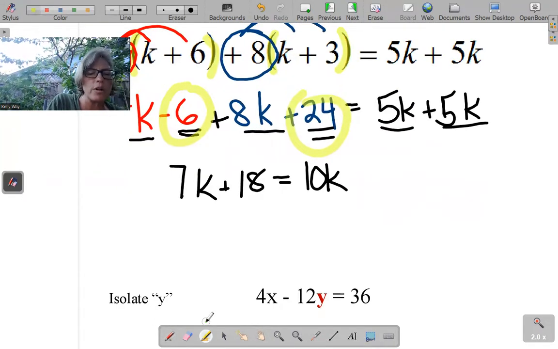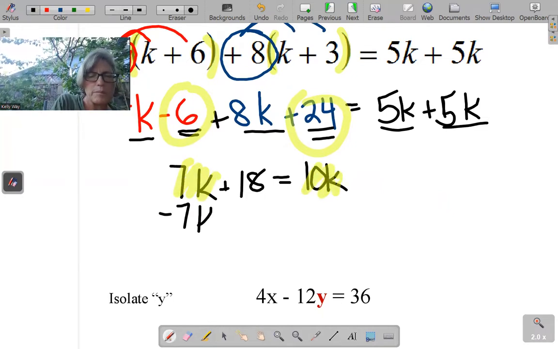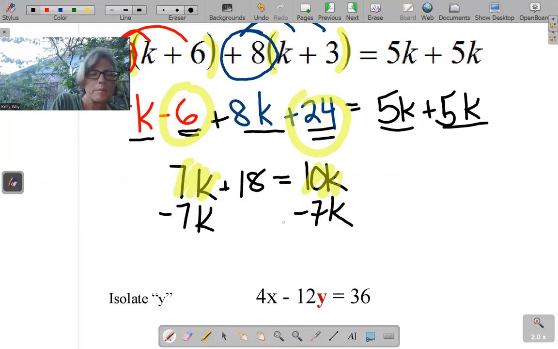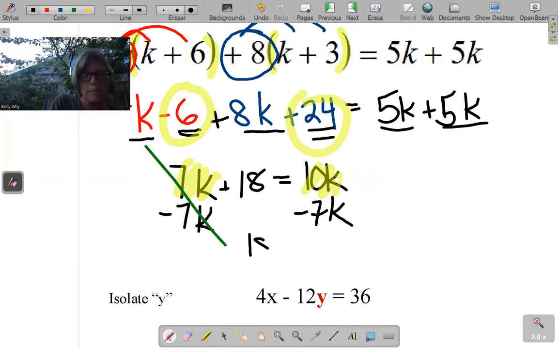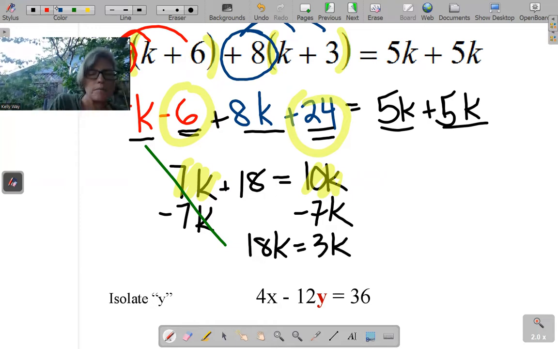Your goal is to get the variables to one side and your numbers to the other. Always show your canceling and crossing out. Always show what you're canceling.